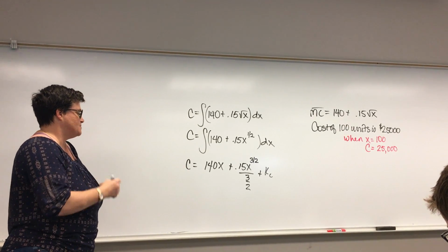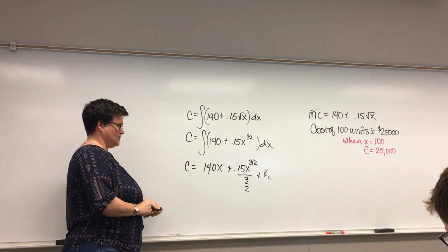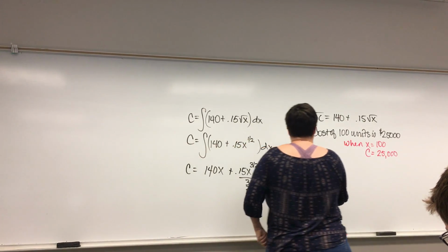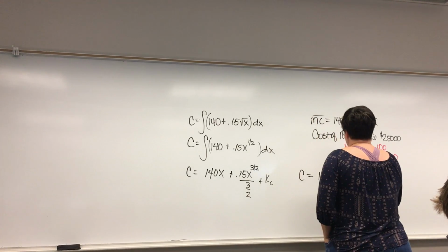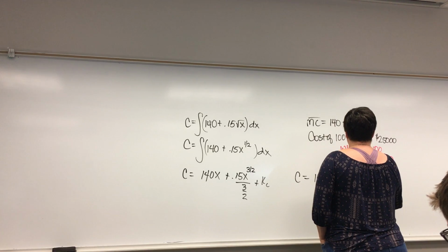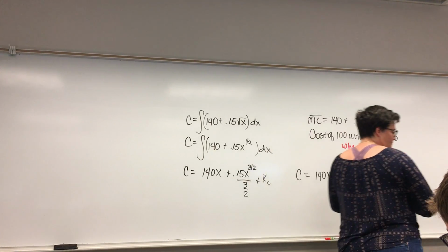All right, so what's 0.15 times 2? 0.3? And what's 0.3 divided by 3? 0.1. So I'm going to rewrite this as cost equals 140x plus 0.1 x to the 3/2 plus k sub c. So is this the donut that you applied?